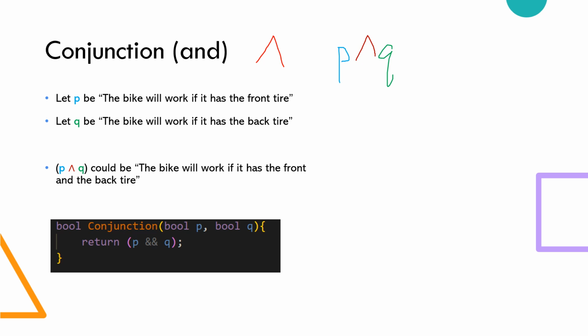So if we construct a truth table, over here we have P, Q, and this side is P and Q. Let me just swap the color really quick.